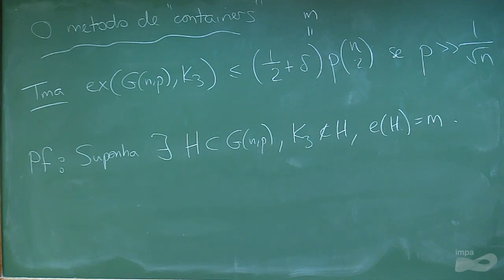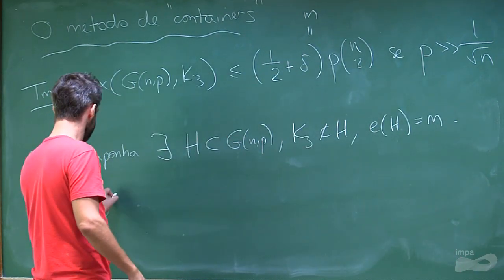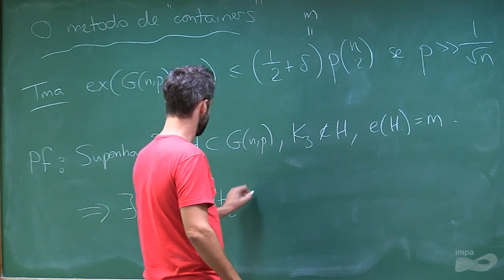What can you possibly do with it using this theorem? Yeah, H is triangle-free, so it's contained in one of the containers. That means there exists G in the collection such that H is contained in G.